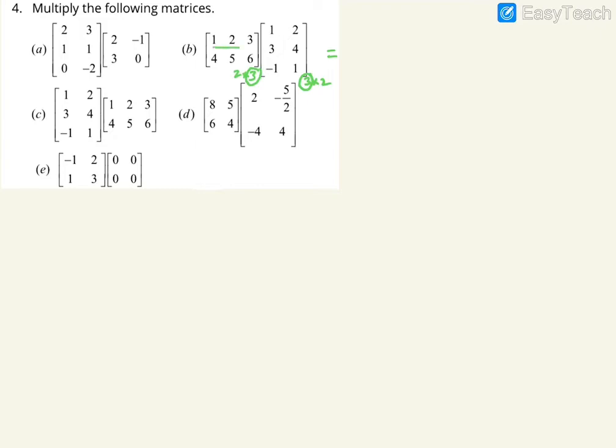This row will multiply with this column. 1 will multiply with 1, plus 2 will multiply with 3, plus 3 is going to multiply with minus 1.